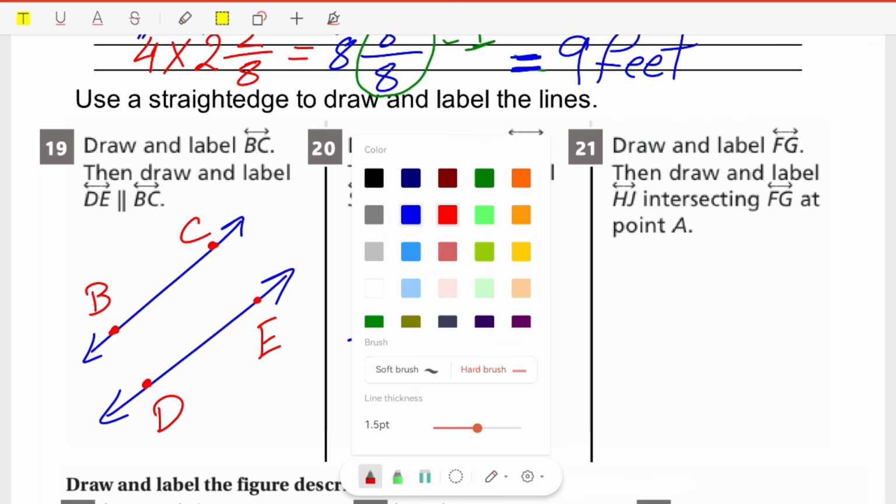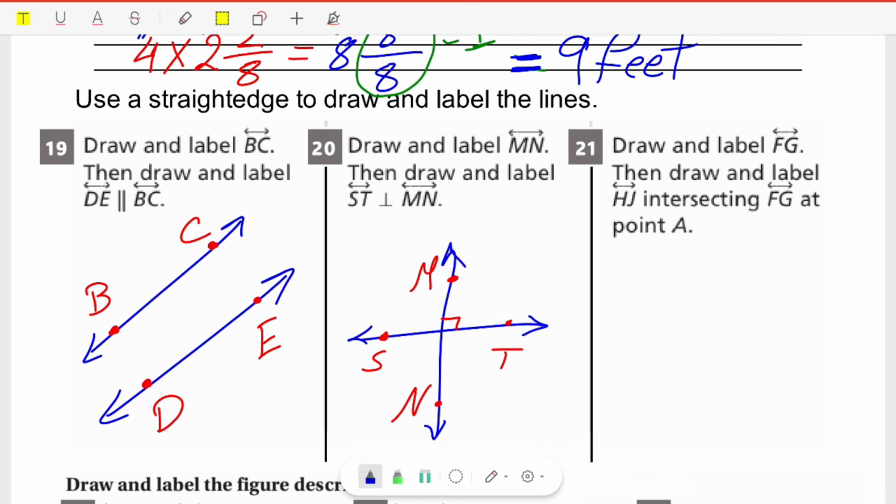Let's go to the next question here. Draw and label FG, line FG, then draw and label line HJ intersecting FG at point A. So it's called here intersecting. Intersecting here means like the letter X or the multiplication sign, as you see here.